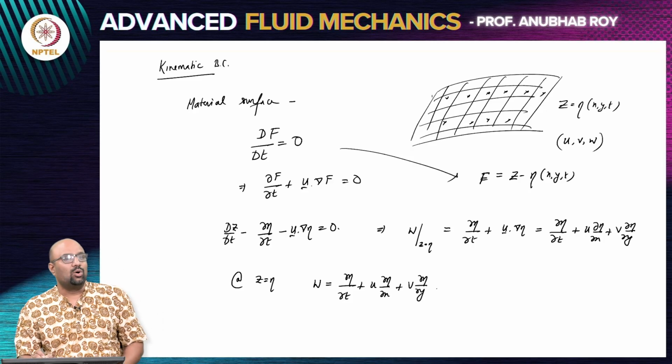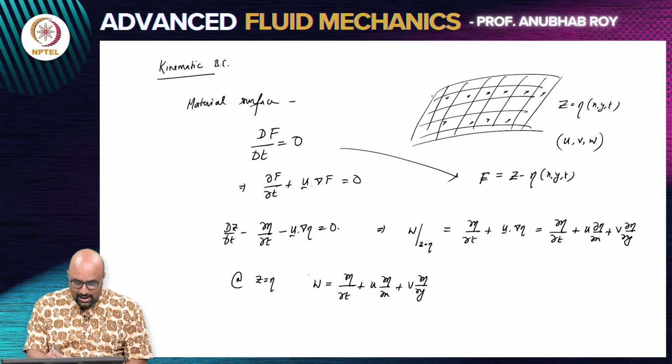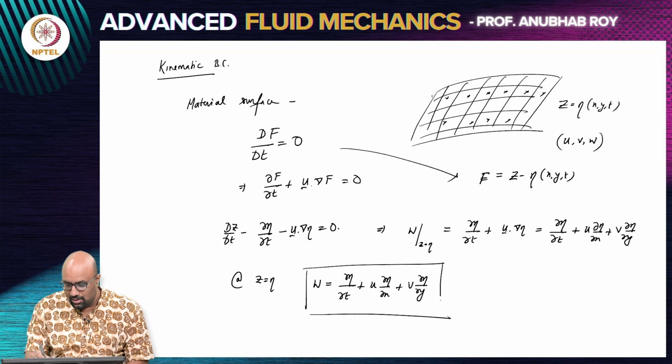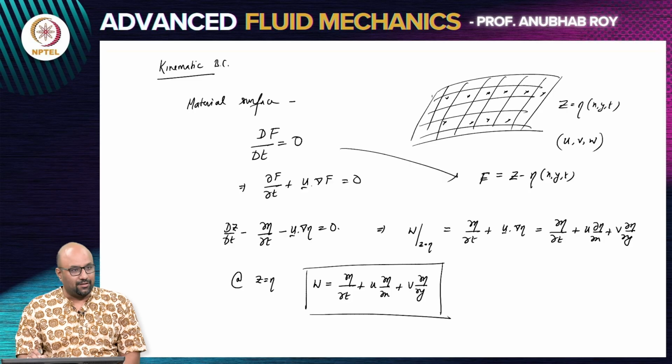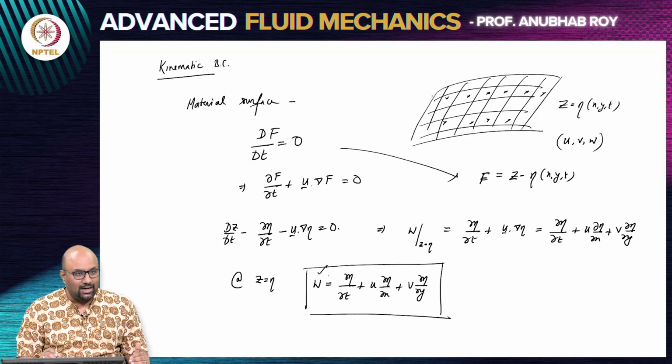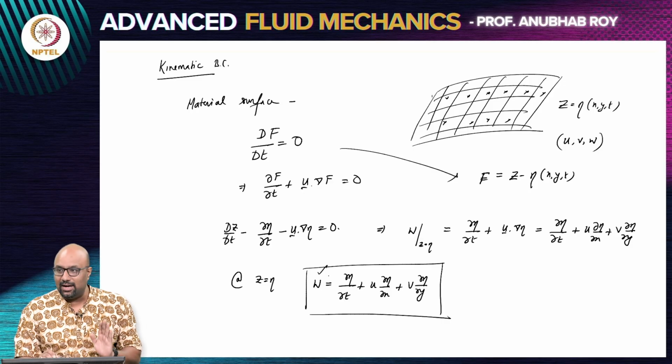Eta is that unknown variable and it is going to respond to the velocity at that interface. So now you can see that the fluid velocity is not 0 at the interface, unlike a solid surface which was stationary, where we said that it is no penetration and no slip. Here, w at the interface is the normal component of the velocity.